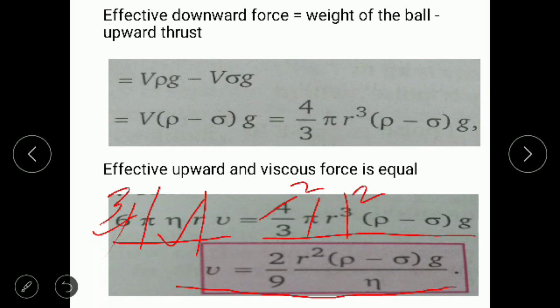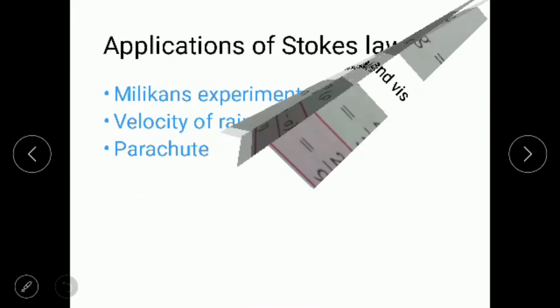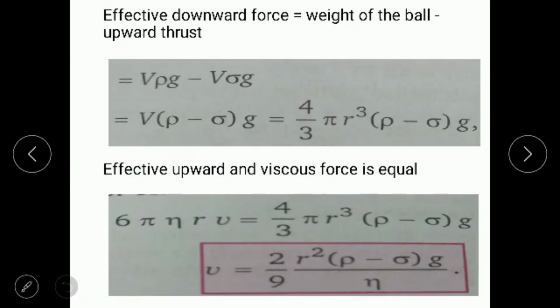This is the terminal velocity of the ball, which is directly proportional to the square of its radius. So this is the terminal velocity of a ball which is falling in a liquid.